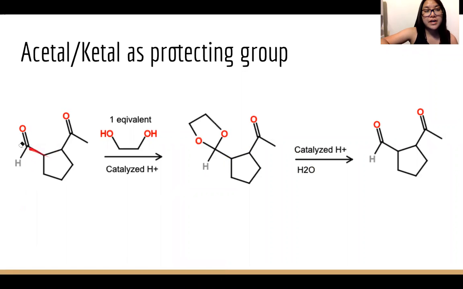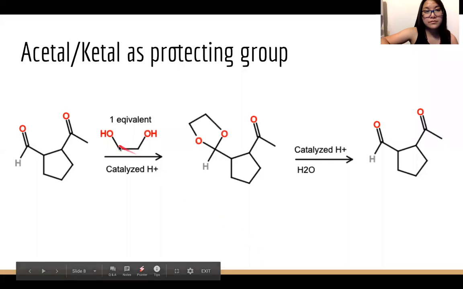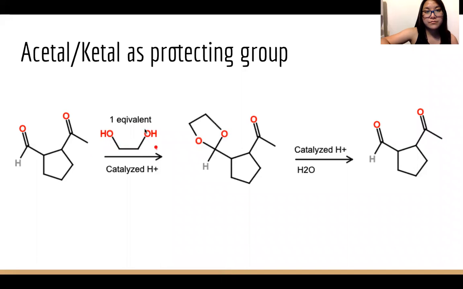So if we were to react this structure that has an aldehyde and a ketone with these reagents right here, that one equivalent, I spelled equivalent wrong. This should say equivalent. But if we were to react this structure with one equivalent of these reagents right here, only the aldehyde would react because we have one equivalent and the aldehyde is more reactive.